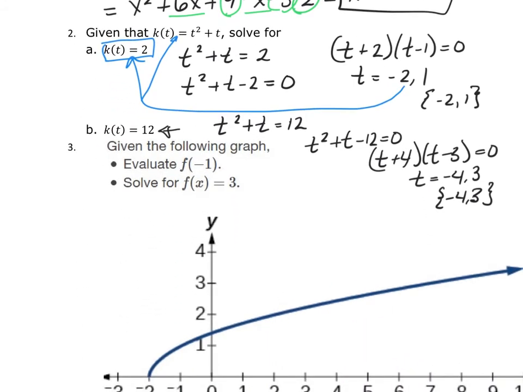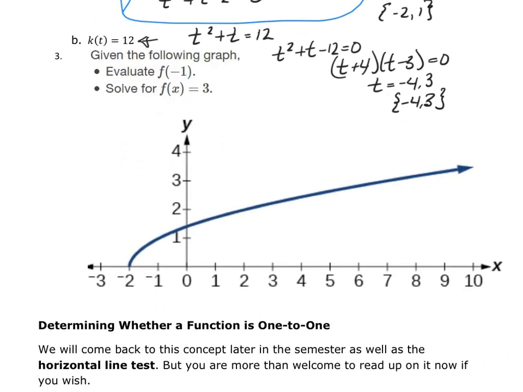All right, so now let's take a look if I were given the graph. If I were given the graph and I'm asked to figure out what the solution is, I know when I have f of negative 1, that is my x value. So this is saying when x is equal to negative 1, what is the y that is associated to it? So I come to negative 1 on the x-axis, and then I go either up or down until I find my graph.